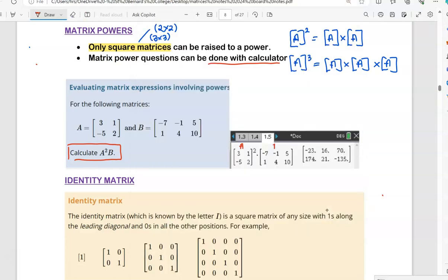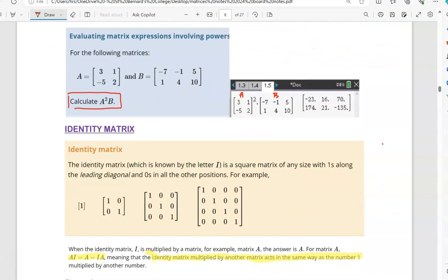So here's B. You can see I've done that, and here we go, we get the answer. So the thing you have to remember, matrix powers only work if it's a square matrix. If they ask you to raise another one that's not square to the power, you would say that's false. It's not an answer. So it would be something you'd be crossing out on a multi-choice, something you can't do. But it's a fact you should always remember.